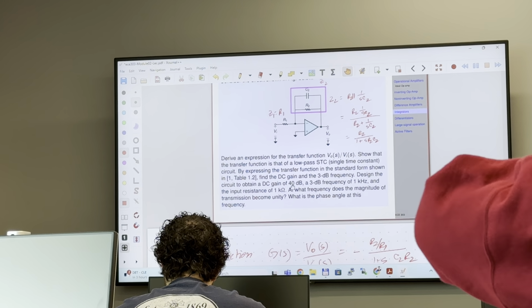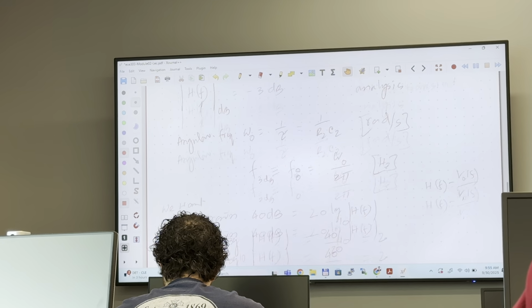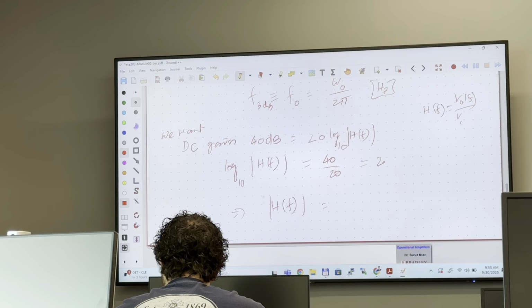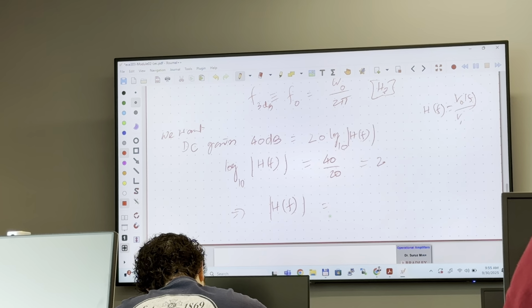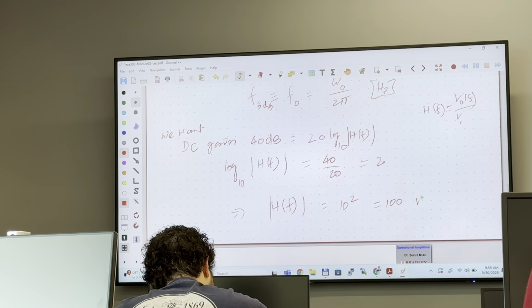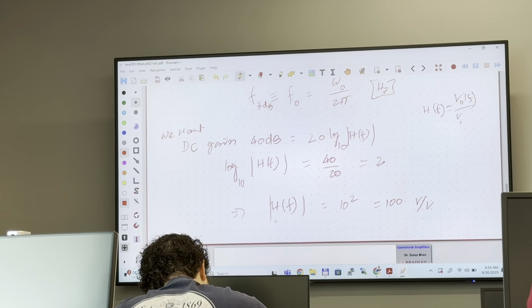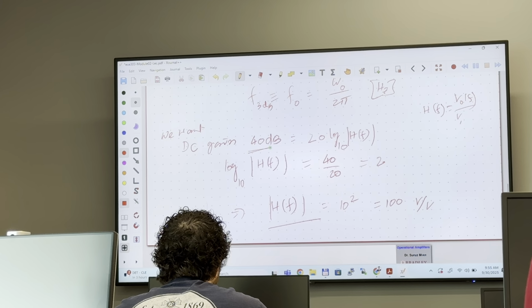Log base 10 of H of f is 2, so H of f is 10 to the 2, which is 100 volt over volt, the same as 40 dB.